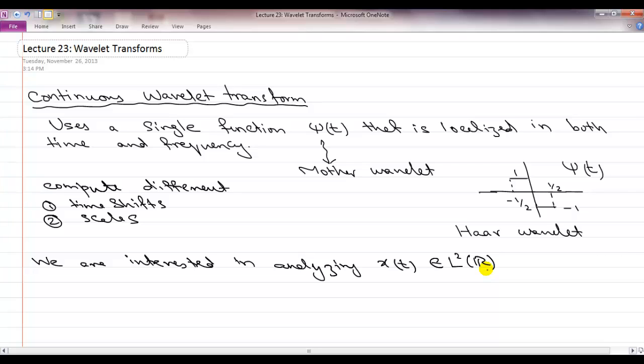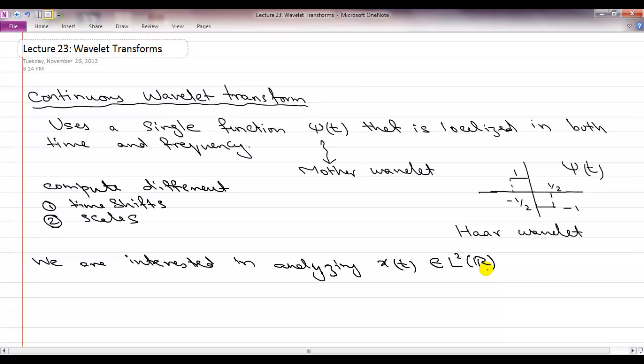So if we are talking about wavelet transform, we must be able to have either a redundant representation or some basis which will be able to represent any signal that is finite energy.